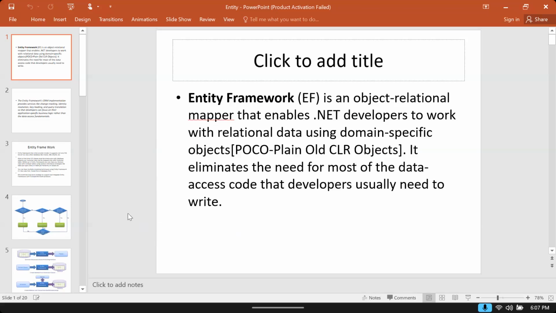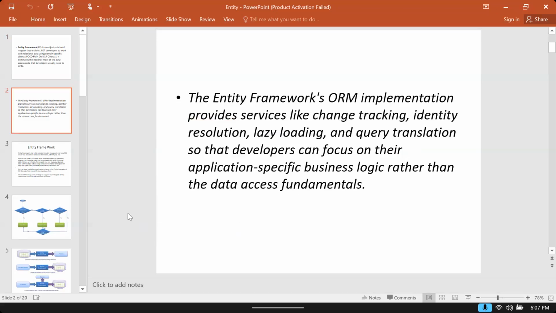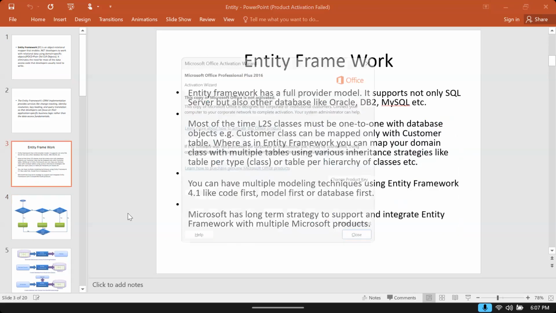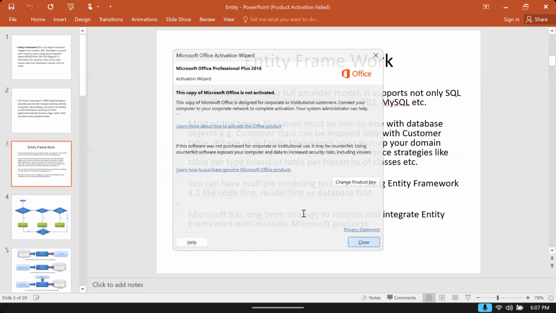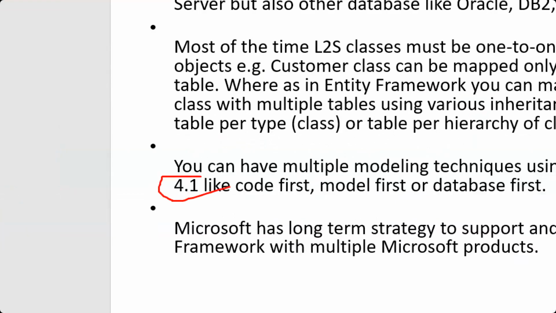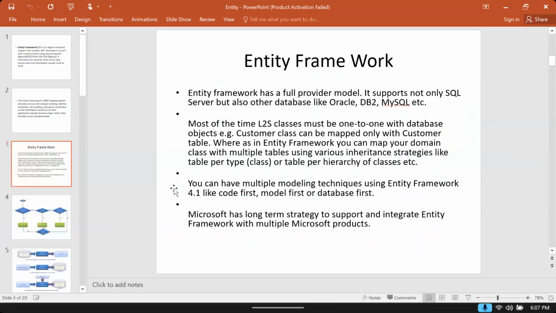And by the time we designed this, Entity Framework had almost 4 versions released. This is the 4th version. 4 versions released means this concept came around 2010, 2011. Right?